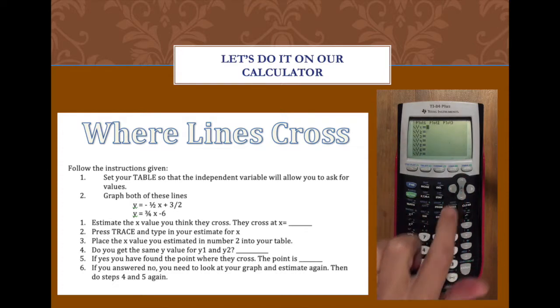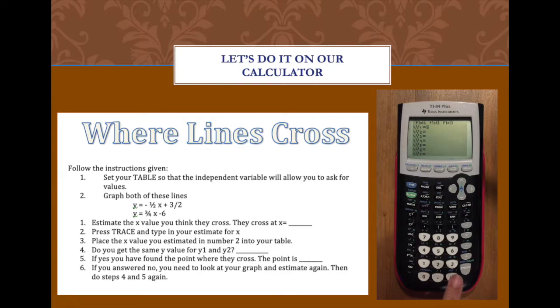Go back up to the top, and we're going to type in negative. We're going to use the negative button here at the bottom. Negative 1 over 2, make sure you get the x, plus 3 over, and I'm using the division for the over 2.